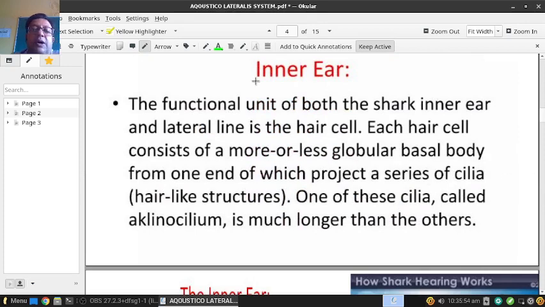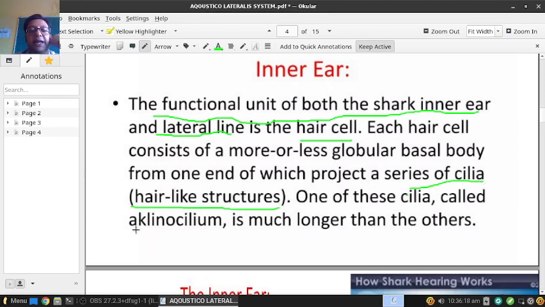Actually the functional unit of both the shark inner ear and the lateral line is the hair cell. It is basically a globular basal body, from which a lot of cilia, hair-like structures, come out.